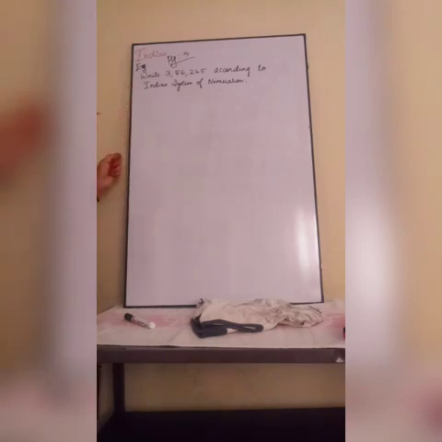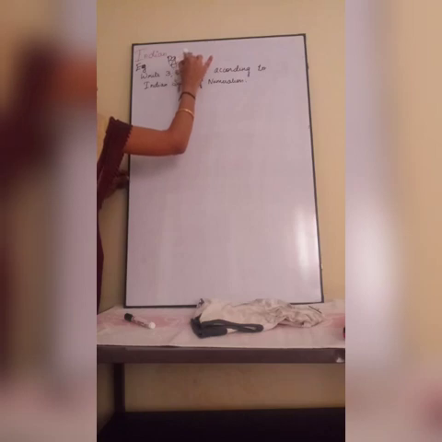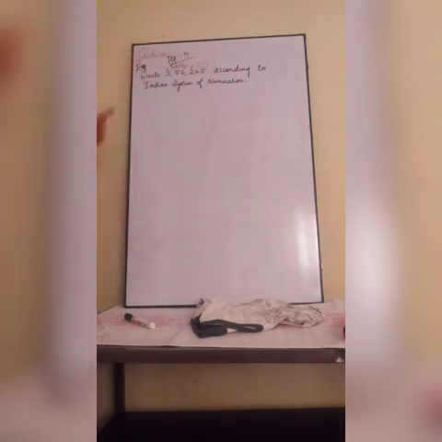So, by the Indian system of numeration, first our responsibility is to write the place values like ones, tens, hundreds, thousand, 10,000, lakh. Okay, this is how you will write the place value. So, I am going to write the number name for this question.